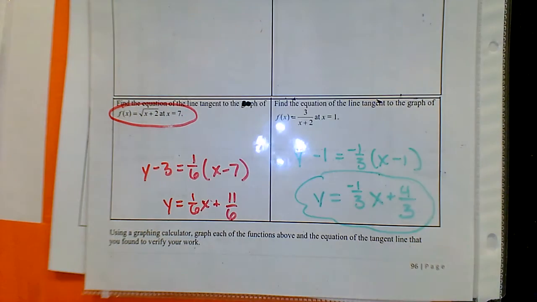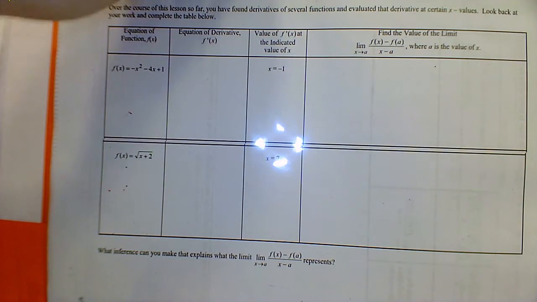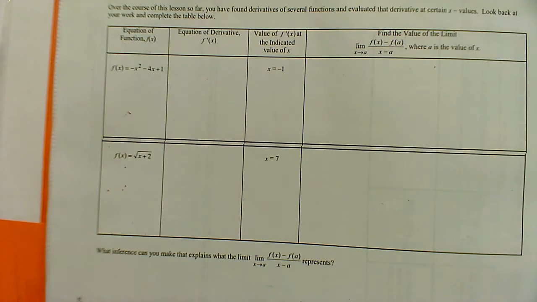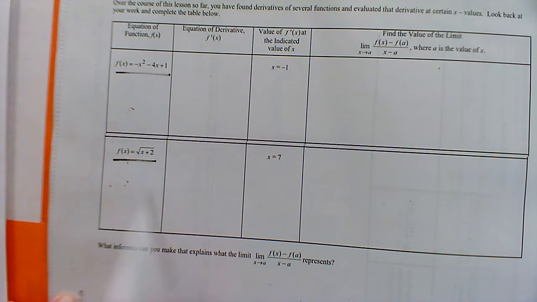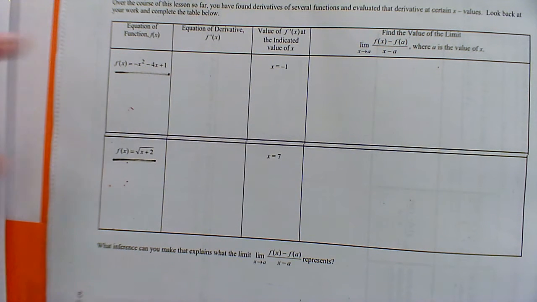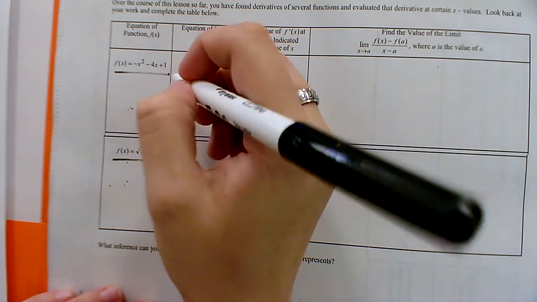All right, we're going to do a little bit more with derivatives today. We're going to take a look at a different technique to help us find a derivative, more specifically at a point, rather than just an equation like we were doing yesterday. So up to this point in this section, we've dealt with a quadratic equation and a square root equation. These are the same ones in your notes from yesterday or the day before.